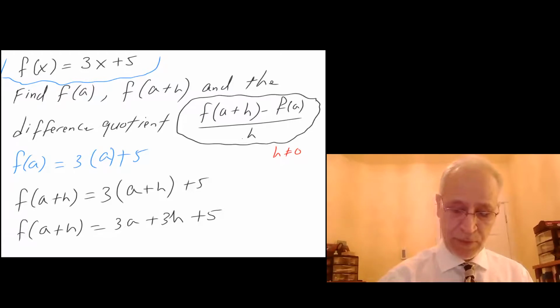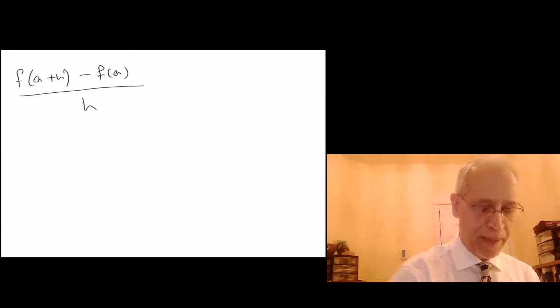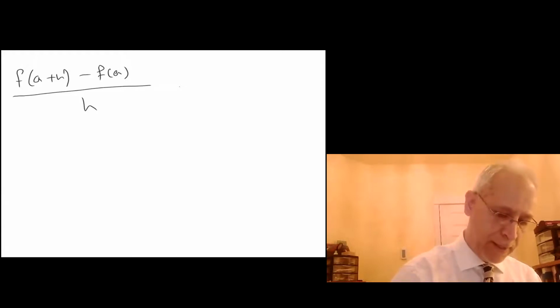What is my formula? My formula is f of x plus h, in this case f of a plus h, minus f of a all over h. Okay, and that equals, let me go to the next line.